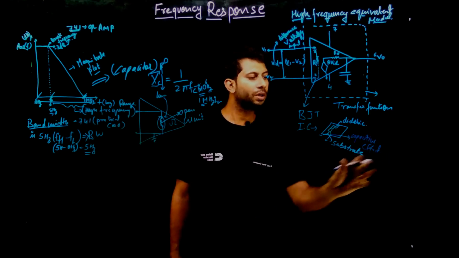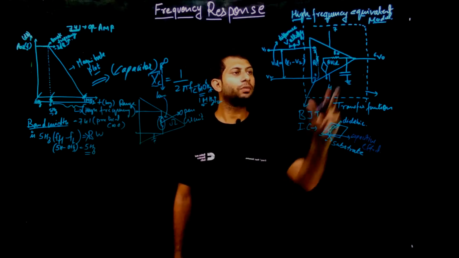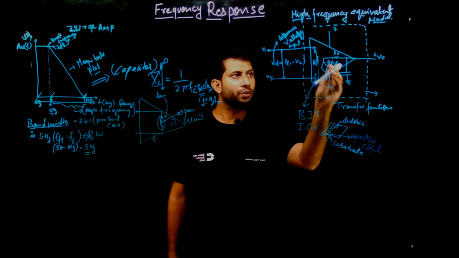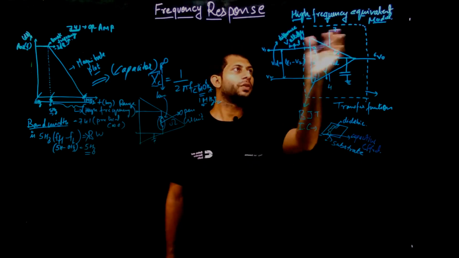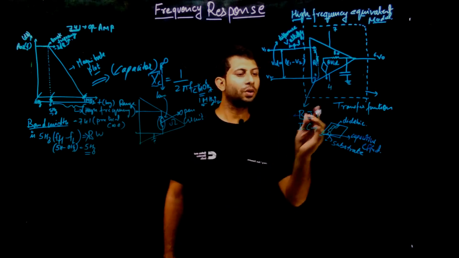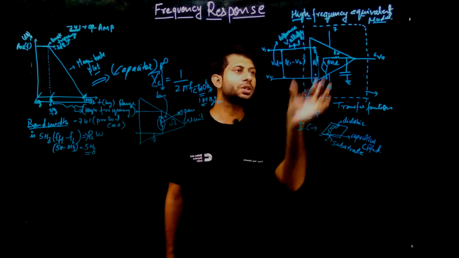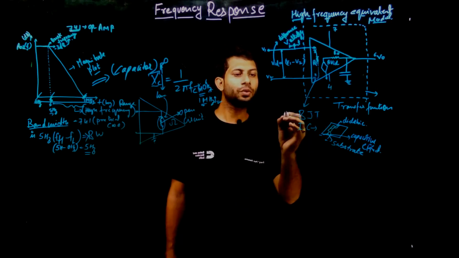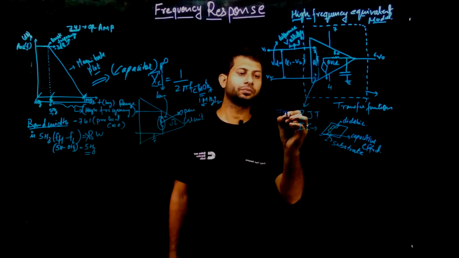In fact, this is one reason for having a capacitor inside the high frequency equivalent model. Another is that, because this is a BJT based system, we have junction capacitance.